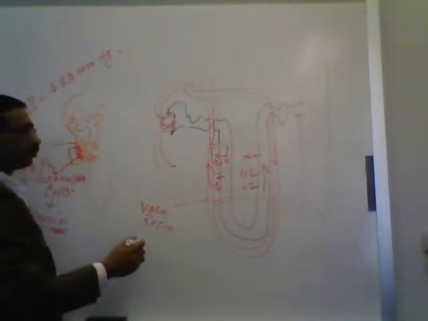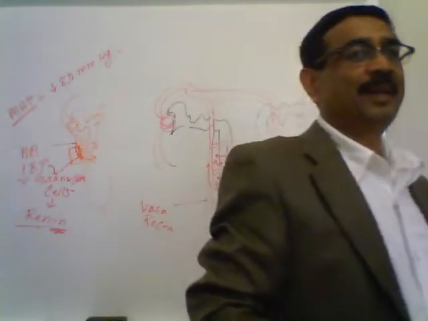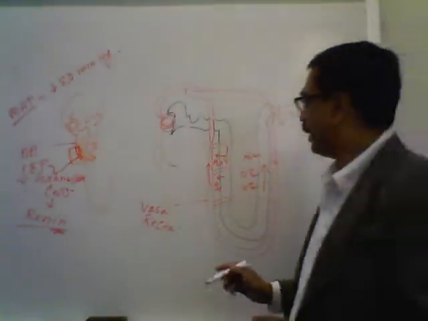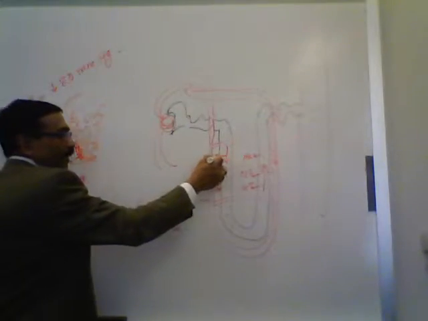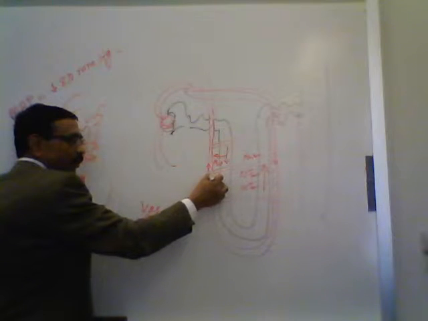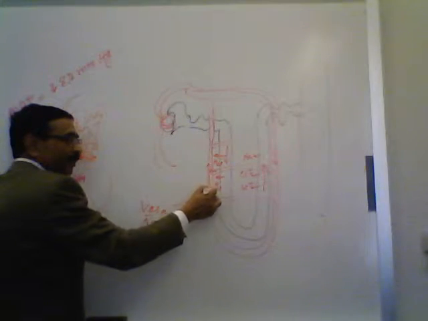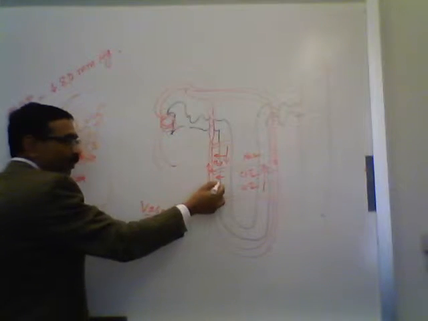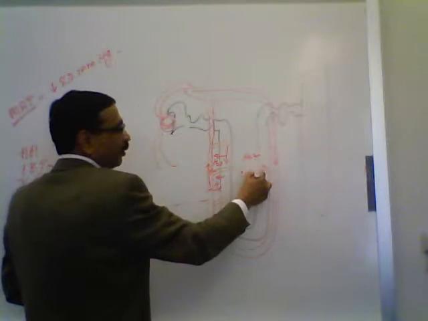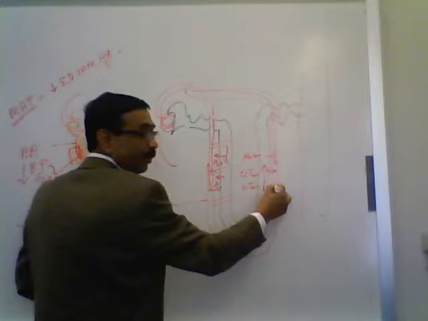Now, why is this type of arrangement essential? You see here, when water leaves the descending limb of the loop of Henle, that water will quickly enter the capillary here. Makes sense? Quickly will enter into the blood. When sodium, chlorine, potassium leave, they will quickly enter the blood here.